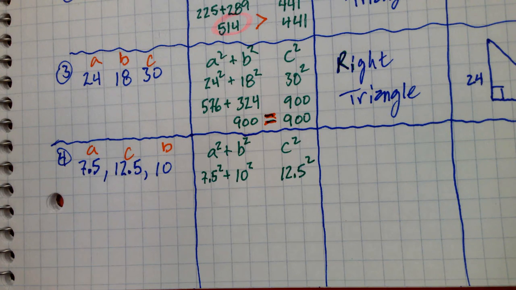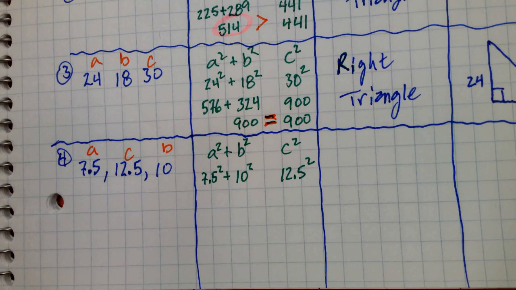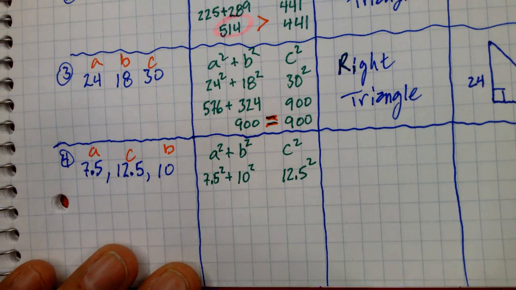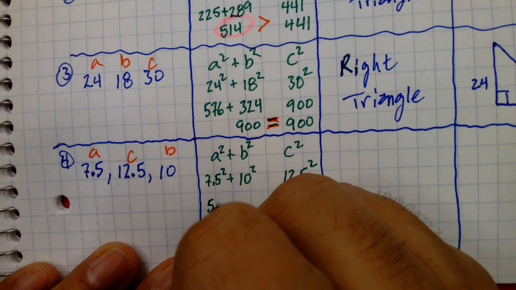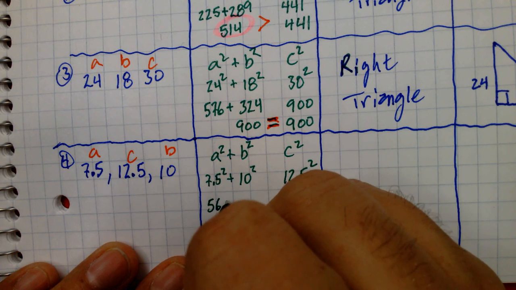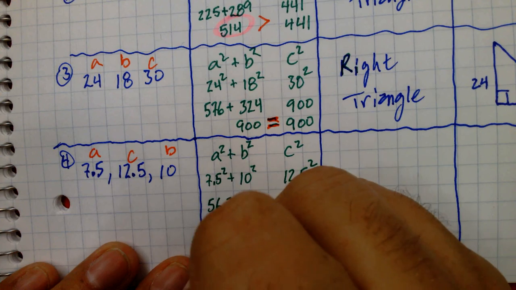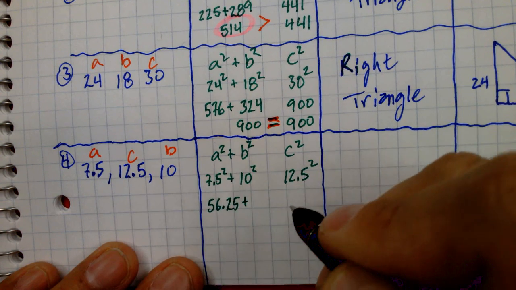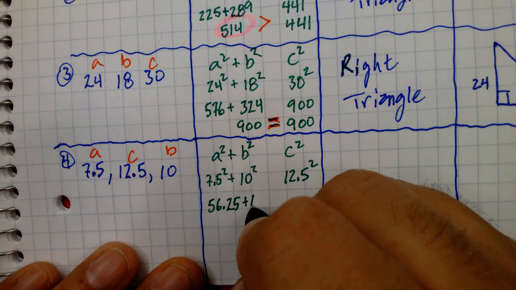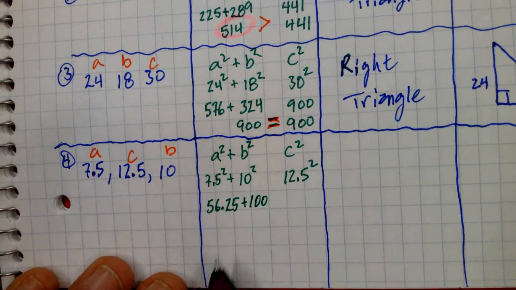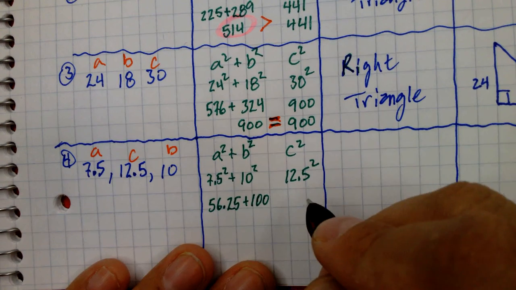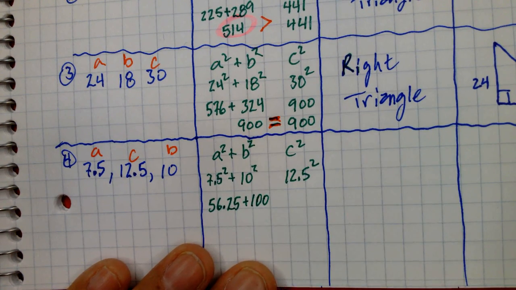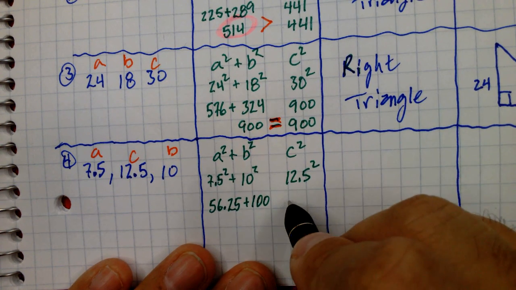Okay, 7.5, 7 squared is 49. It has to be a little more than 49, so it's actually 56.25. And then 12.5 times 12.5 is 156.25.